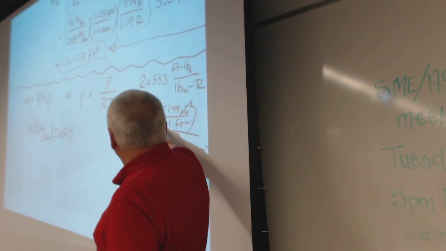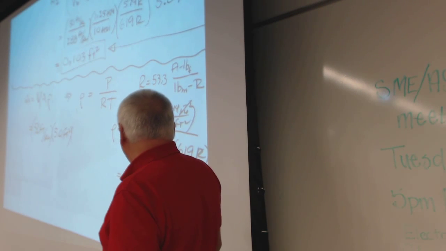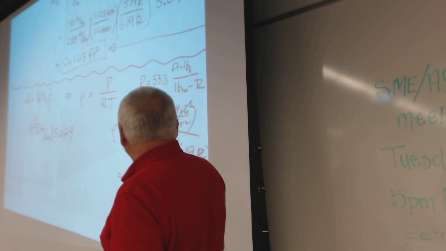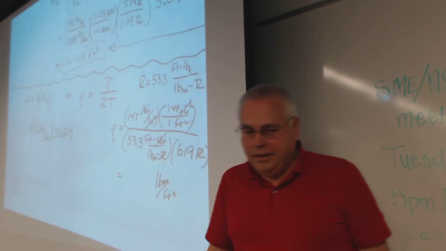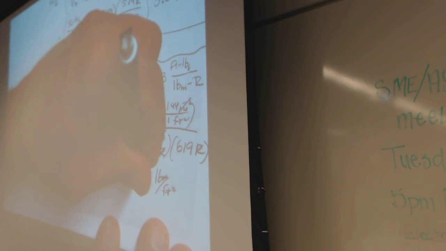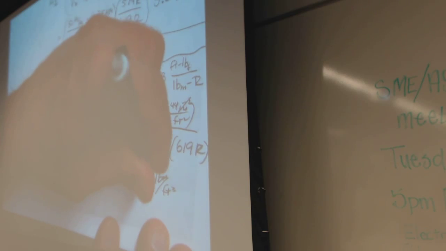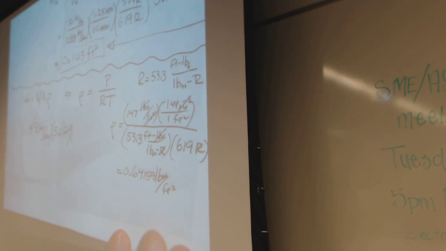So what have we got? 147 times 144 divided by 619 and 56. Golly, I can't even estimate that one. 0.64. We got more digits on that. 159. We're really only good for maybe 3 digits, but we'll use all those.